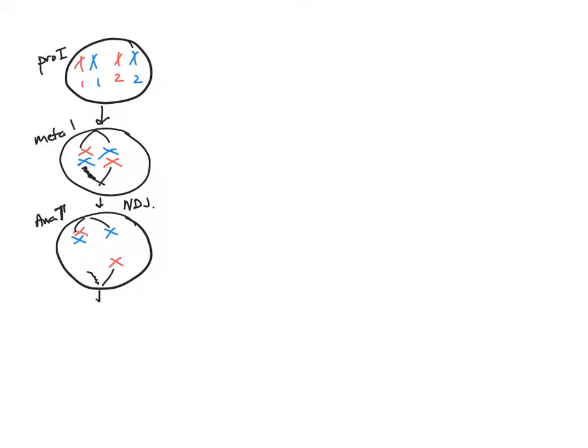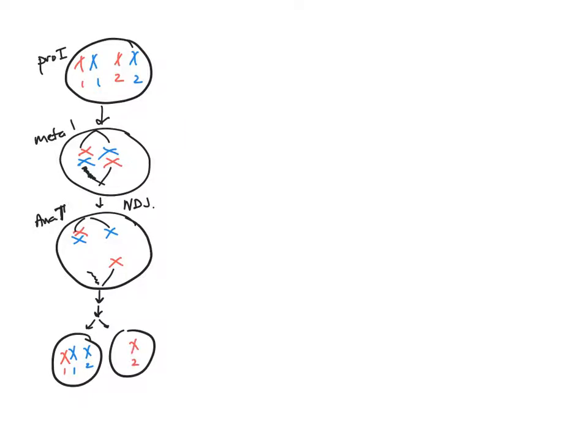And so if we continue on and jump through telophase and cytokinesis, we end up with our 2 cell types. One of them is going to have both number 1s stuck together, and then number 2 from dad and number 2 from mom is over here.